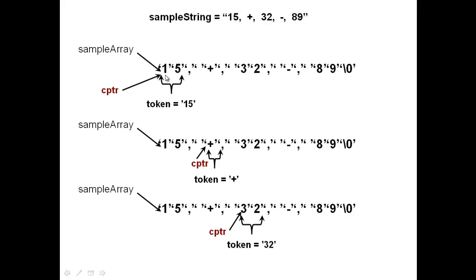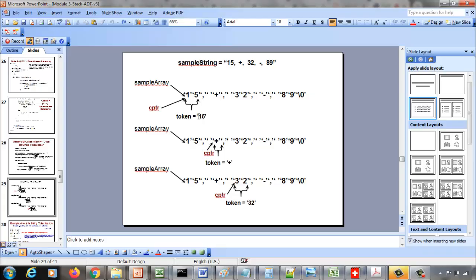So we see a 1 and then no delimiter after 1, so then we see a 5 and then we see a delimiter. So that means the 1 and 5 together will form a token. So the 1 and 5 together is a string. So I should have put that within double quotes to distinguish between string and character. So the 15 is now our string that is part of this token.